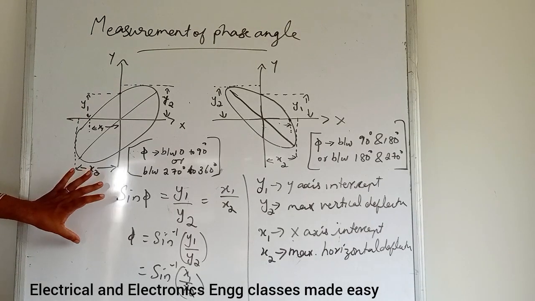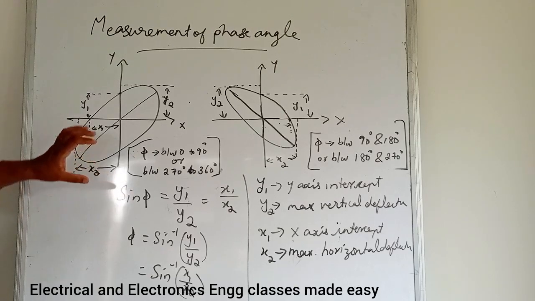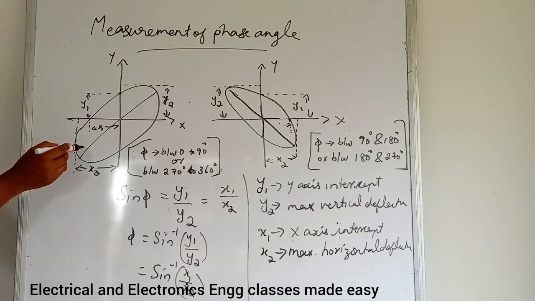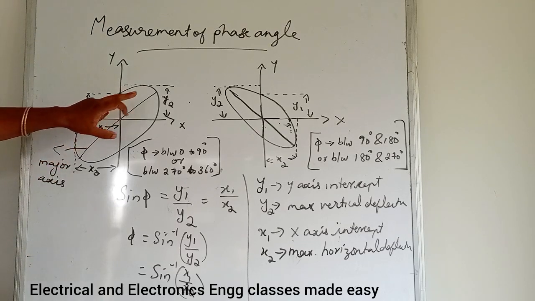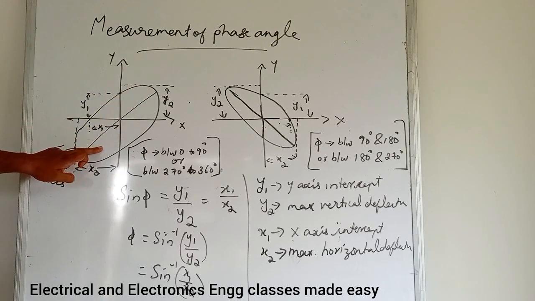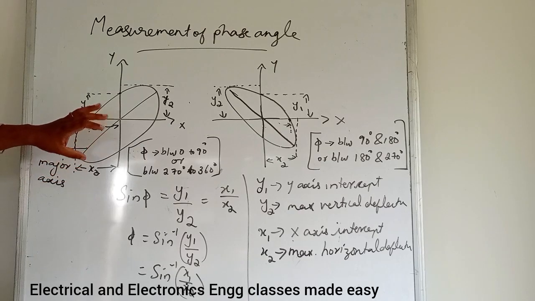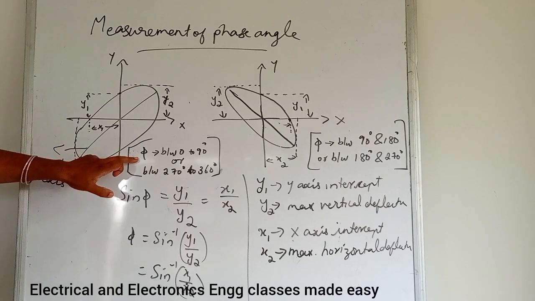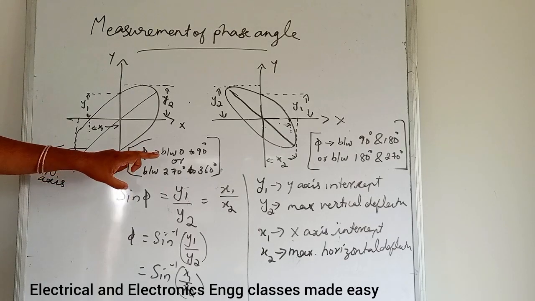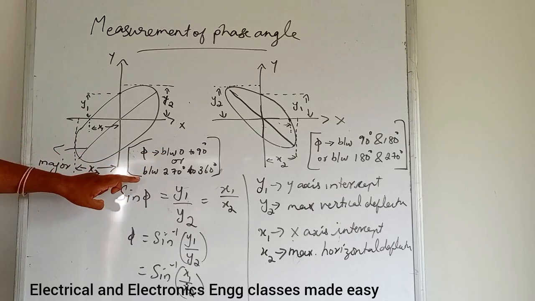And here note one point: if the major axis of the ellipse lies in the first quadrant and third quadrant, that is, the slope is positive, in that case the phase angle is either between 0 to 90 degrees or between 270 and 360 degrees.